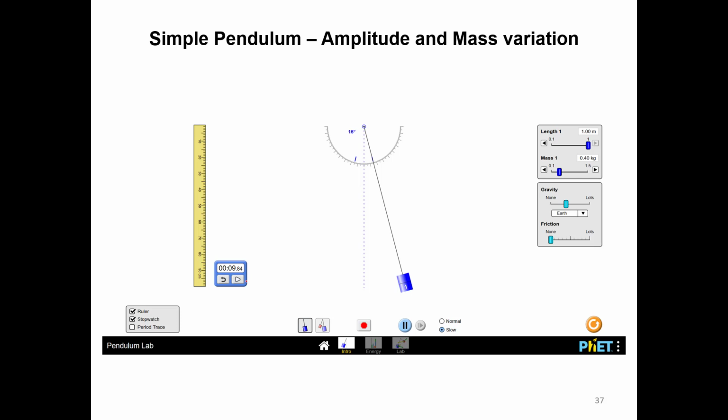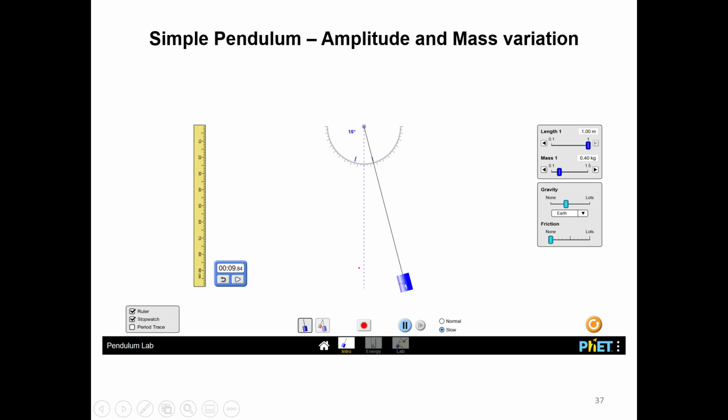Press start when you are ready to count 5 complete oscillations. When you complete the 5 oscillations, you press here again to stop, and this is the time for 5 oscillations.